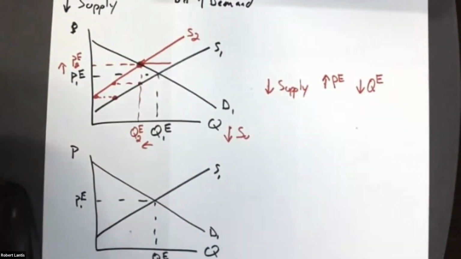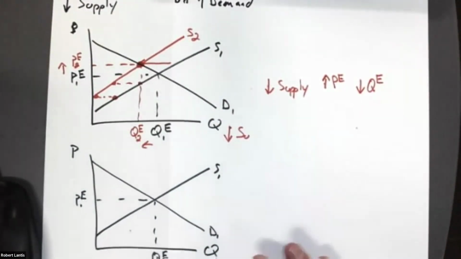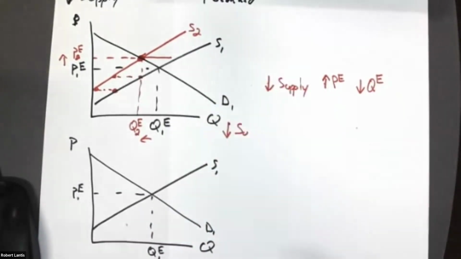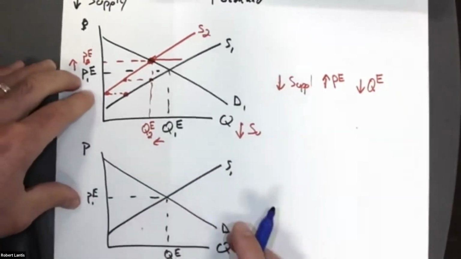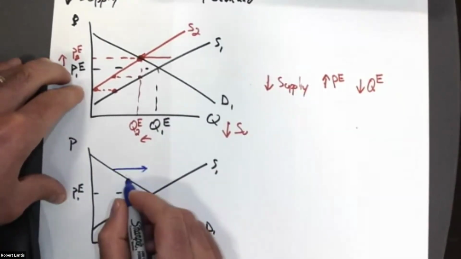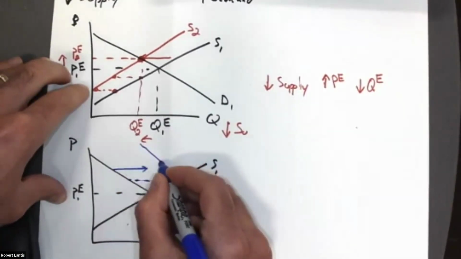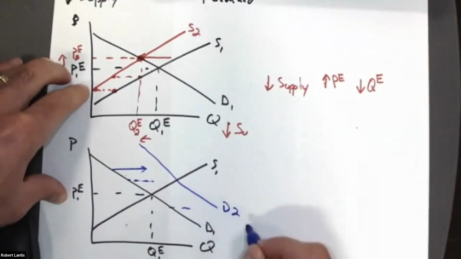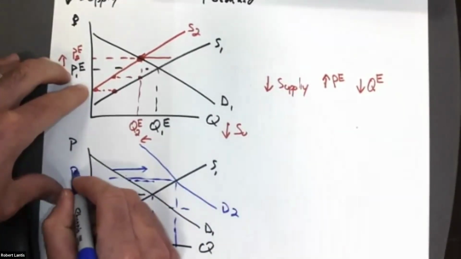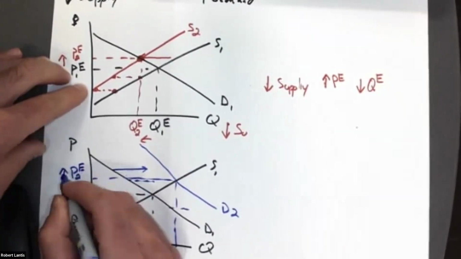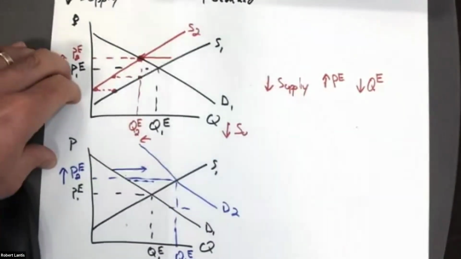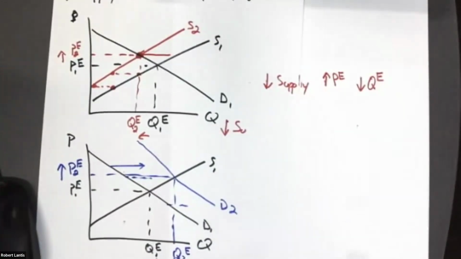If I then think about the demand increase at the same time, what does that do to my equilibrium? It's going to shift my demand curve to the right. At every price, quantity demanded is now higher. So what's happened to my equilibrium? My equilibrium price has gone up, and my equilibrium quantity from this change has also gone up.